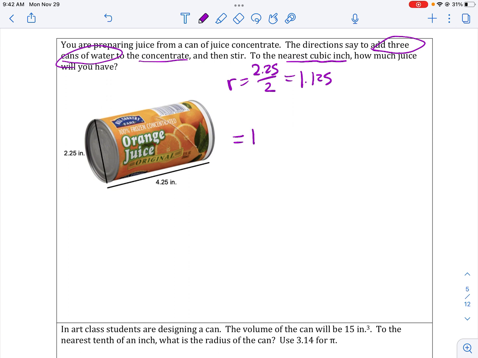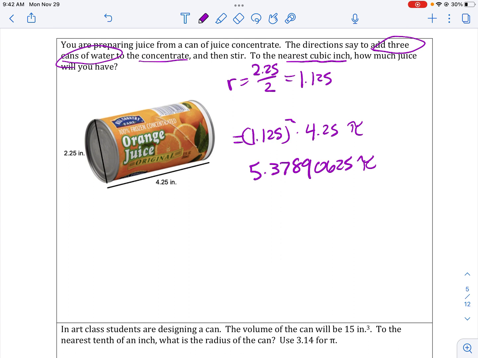So radius squared times the height, 1.125 squared times 4.25, again is 53790.625. I just typed everything that was in my calculator, pi.